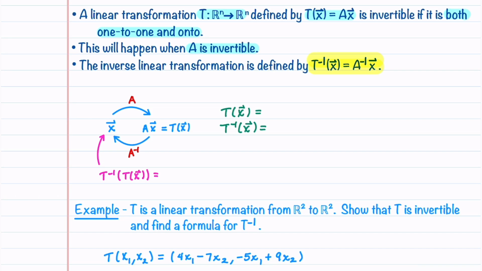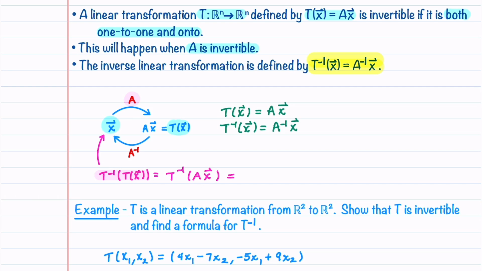When we multiply a vector x by matrix A, vector x is transformed into vector T of x. T of x is A times x. T inverse of x, as we saw defined above, is equal to A inverse times x. When we take the inverse transformation of the transformation of x, we get T inverse, and then for T of x, we're going to substitute in A times x.